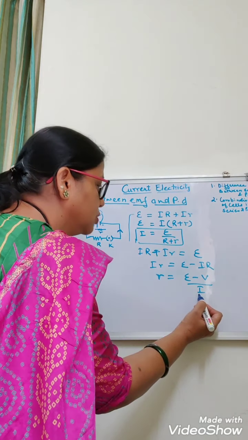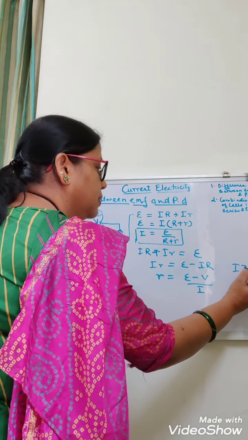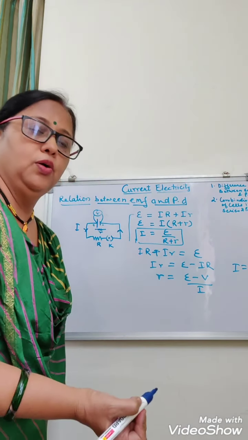Now this I can also be written as V by R, as you know from Ohm's law.